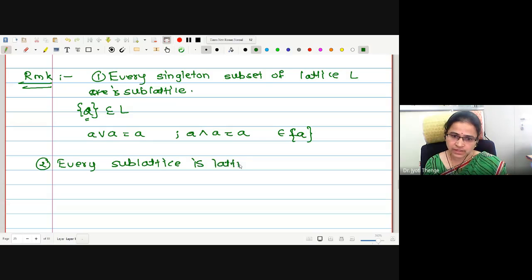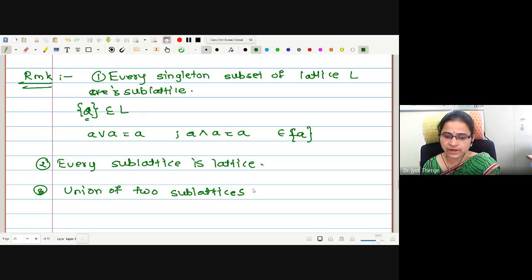Number 3 I can write is union of two sublattices. Whether it is a sublattice or not? What do you think? What about union of two subgroups?